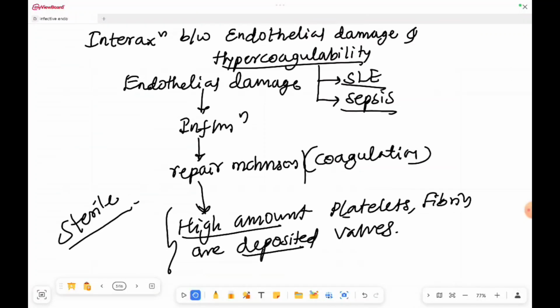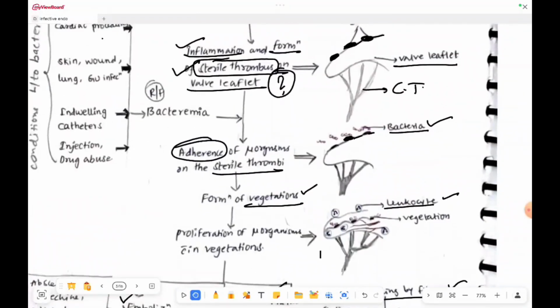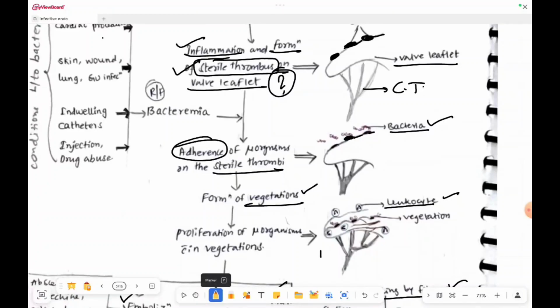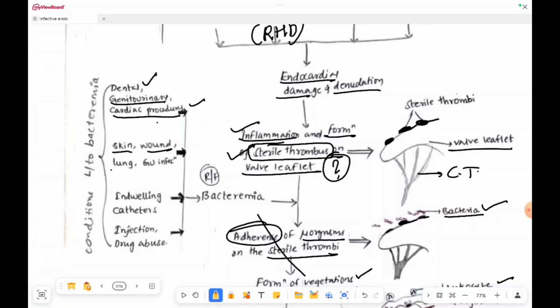This is the detailed info about why there is formation of sterile thrombi on valve leaflets. Again, if you think about how organisms enter the blood vessels, here you can see adherence of microorganisms on the sterile thrombi. Where do these organisms come from into the circulation? It is due to conditions like dental procedures, cardiac procedures, genitourinary procedures, and skin, wound, lung, genitourinary infections, indwelling catheters, injections, drug abuse.